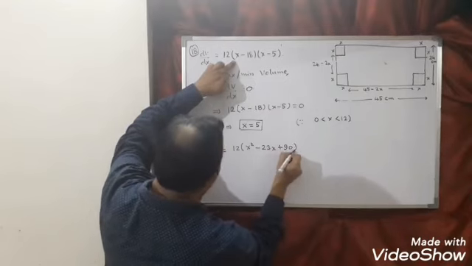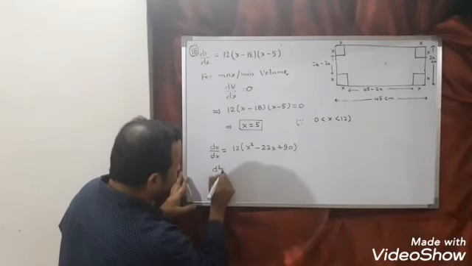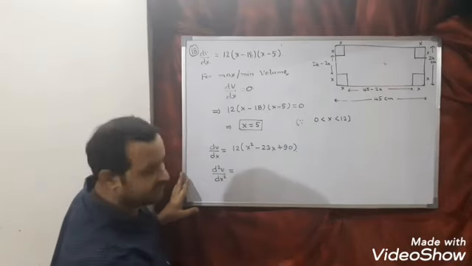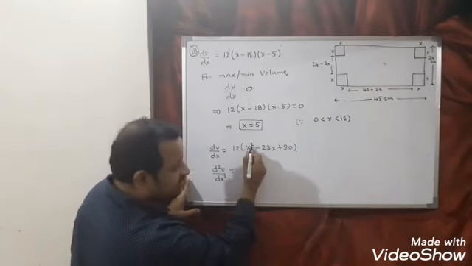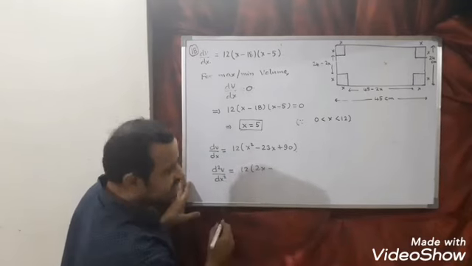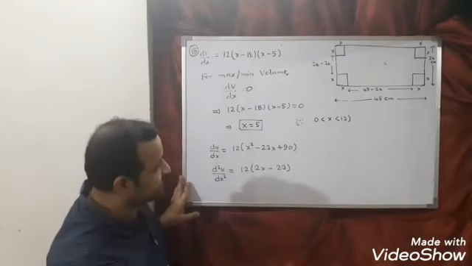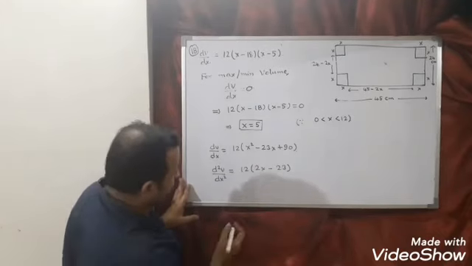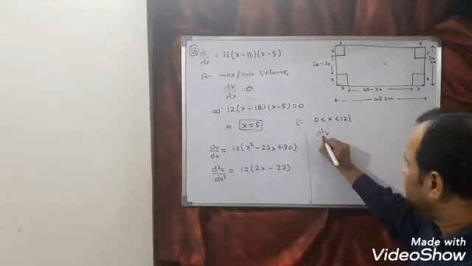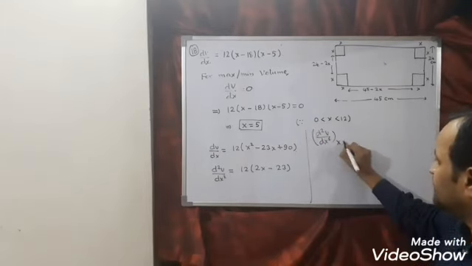So I think this is the value of dV by dx. Now calculate d square V by dx square. Differentiation of x square, it is 2x, minus differentiation of 23x, it is 23, and differentiation of 90 is 0.